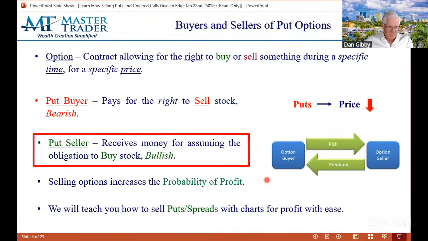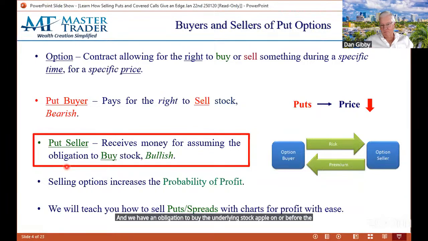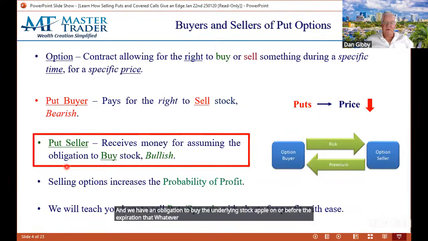What does that all mean? Well, when we sell a put, we're taking in money, and we have an obligation to buy the underlying stock, Apple, on or before the expiration at whatever agreed strike price you sold that put on the option table.